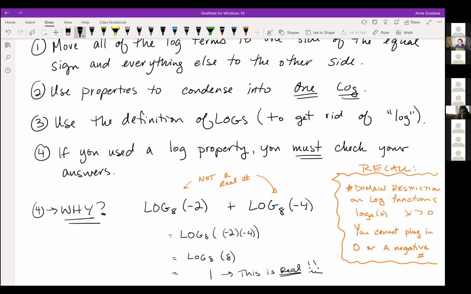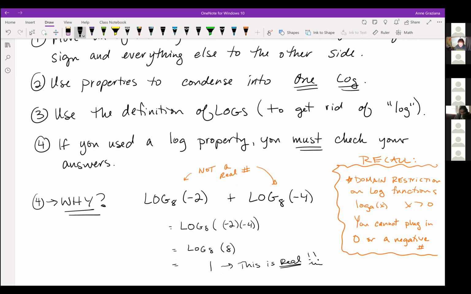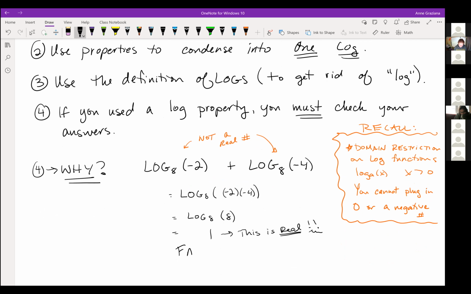So you're basically saying two not real numbers can add together to make a real number. This is not true. Okay. So when you use the properties, you have to realize that sometimes they can give you answers that are actually not going to work. Okay.